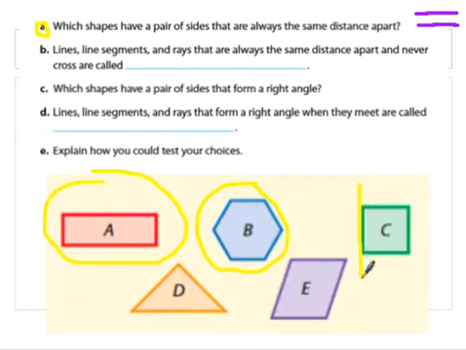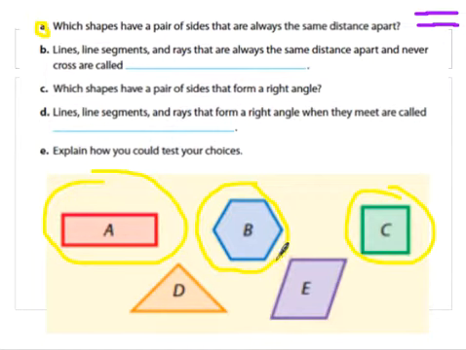What about shape C? Well, let's look at this side and this side. Are those sides the same distance apart? Sure are. If I had a ruler and I could measure from this side to this side and from this side to this side, they would be the same distance apart. Same with the other two facing sides of this shape. Those also are parallel. So yes, shape C also has sides that are always the same distance apart.